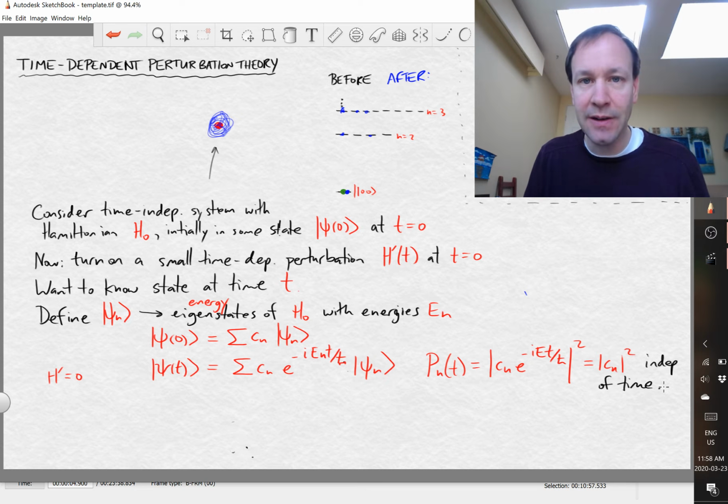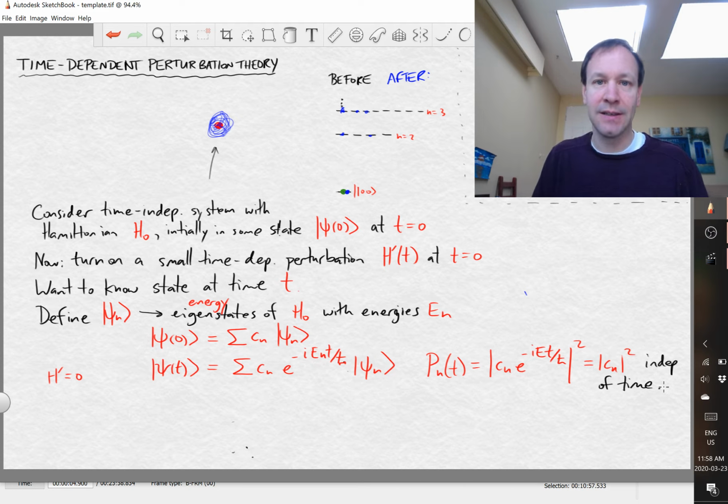So if you start in the ground state, you're going to finish in the ground state. If you start in the third excited state, you're going to finish in that third excited state. And if you start in some linear combination, then the probabilities of finding the various energies won't change with time.